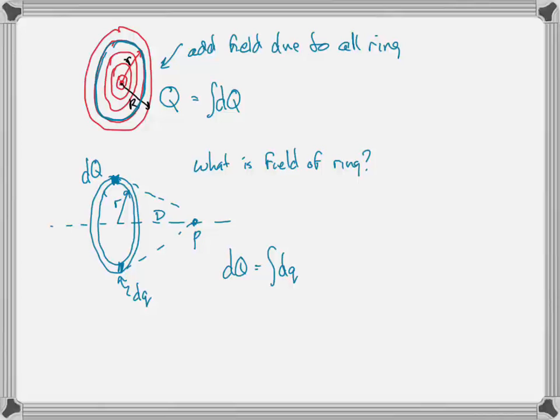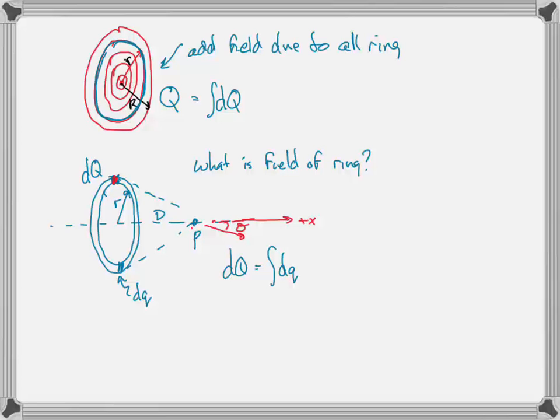Okay. In order to solve for the field of the ring, what we want to do is say, okay, if we take a single point charge, let me make it red. We're looking at this point charge. We know that it has a field at point P, which points in this direction, which has an angle of theta with, let's call this the x-axis, just so we have something to refer to.